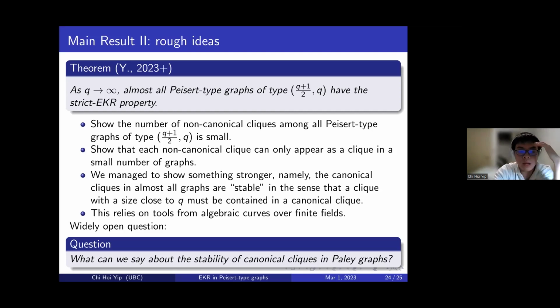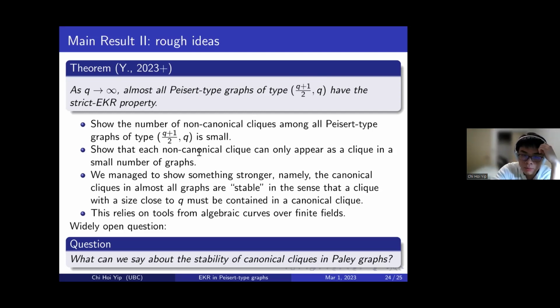So for each subspace which is not a subfield, we want to show that it can be the clique of only a few graphs in this family of graphs. With these two estimates, we can prove this result.